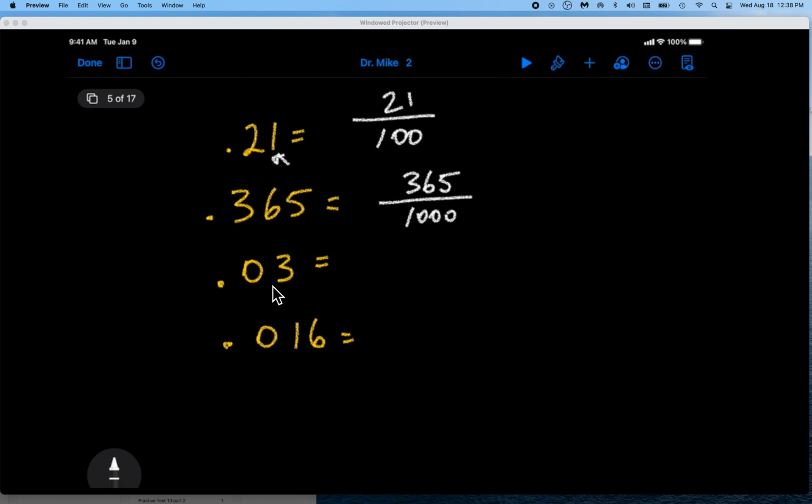Tenths, hundredths. 100 goes in the denominator. 3 in the numerator. So we read this as 3/100ths. How about this one? Furthest place to the right. Tenths, hundredths, thousandths. Therefore, 1,000 goes in the denominator. 16's in the numerator. 16 thousandths.